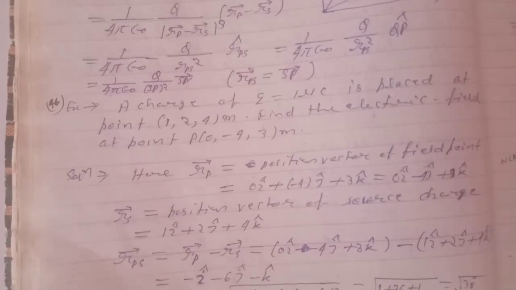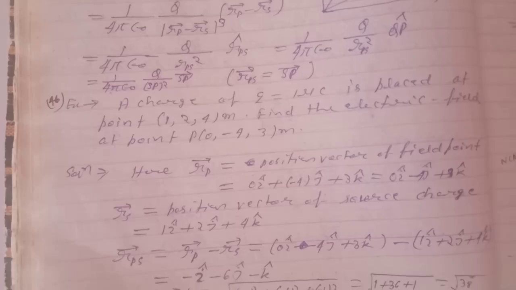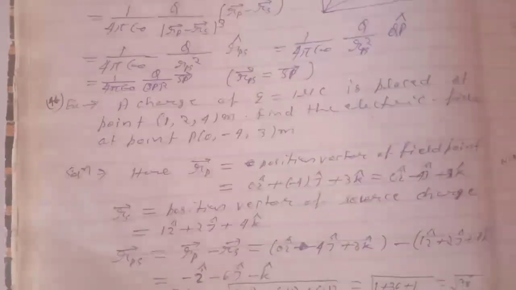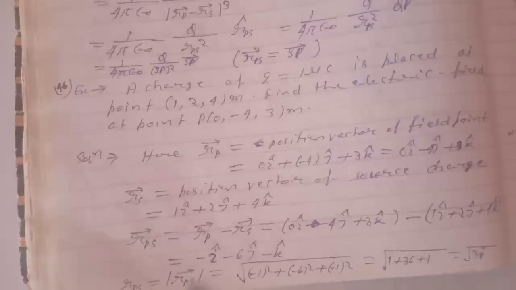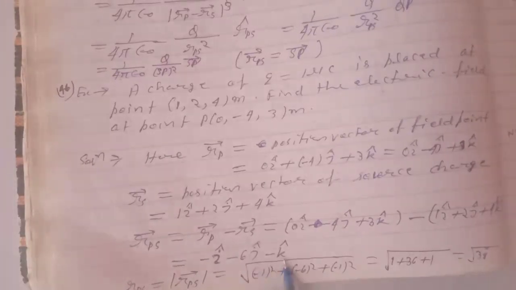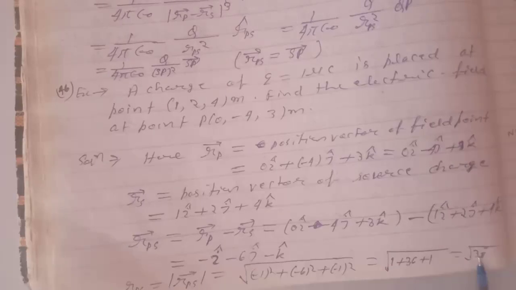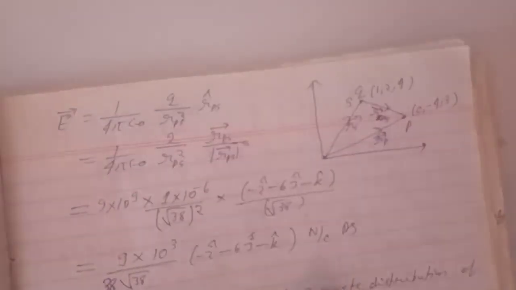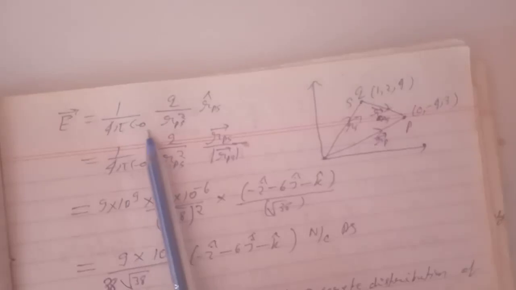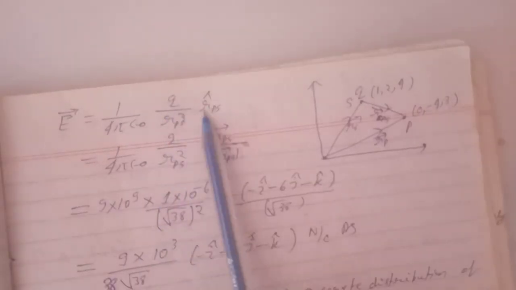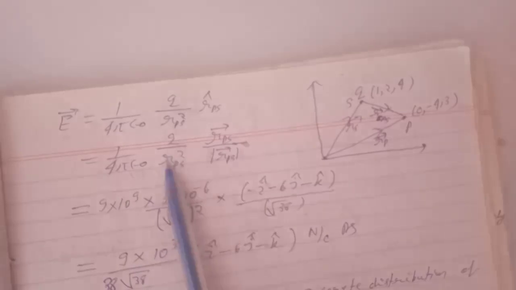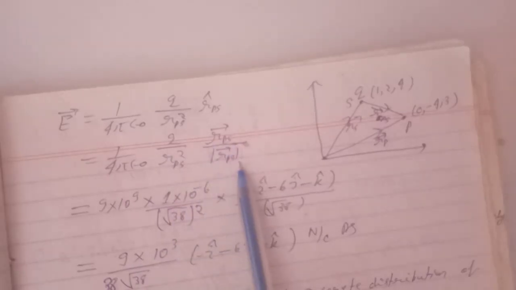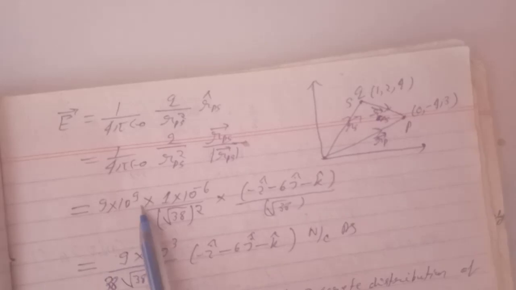So the magnitude of Rps vector will be root under 1 plus 36 plus 1, which is root 38. Here Rps has been calculated, and the magnitude of Rps is root 38. So we can calculate E vector at point P: 1/(4πε₀) · q/rps² into r̂ps, or 1/(4πε₀) · q/rps² into Rps vector over mode of Rps, or 9 into 10 to the power 9 into 1 into 10 to the power −6.